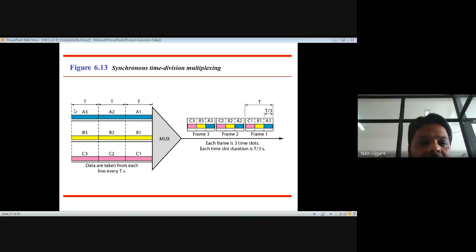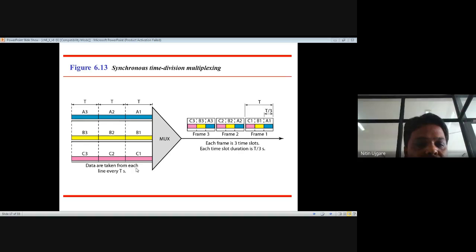For example, let's say this is my first signal, which has three input time slots, that is A1, A2 and A3. Now let's say that we do not have any data to send in the first slot, that is A1. Even though the data is not there from the first source channel, this part will be left blank. I will show that in the upcoming slide so that you will understand it better.